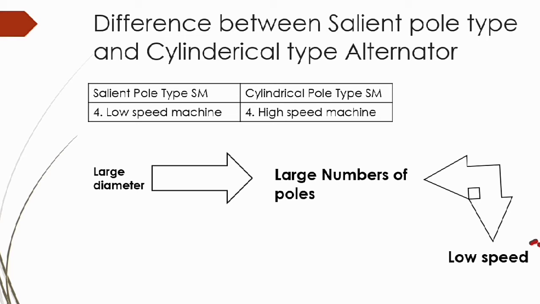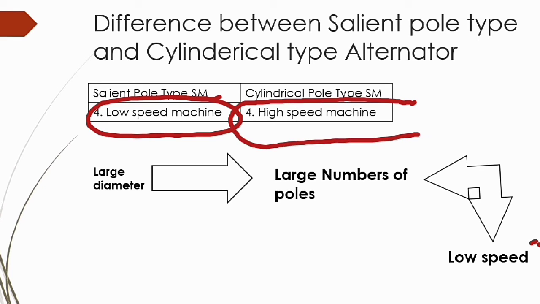so here this is the fourth point: the salient pole type synchronous machine is a low speed machine, and the cylindrical pole type synchronous machine is a high speed machine. Here we discuss the salient pole only.